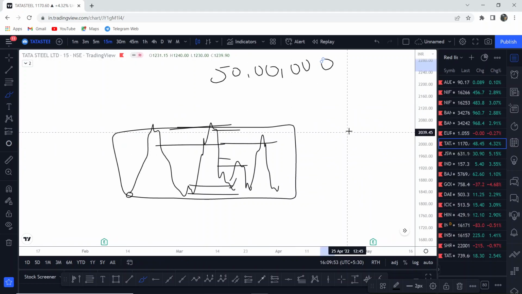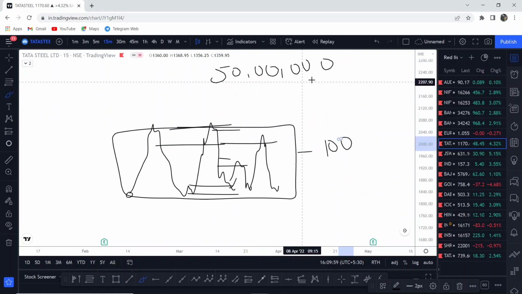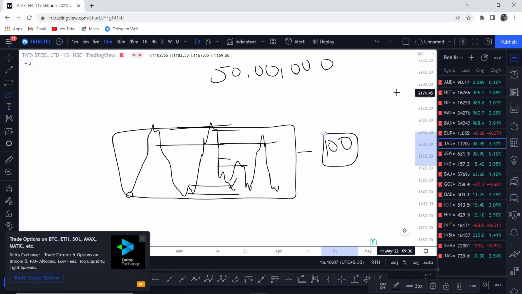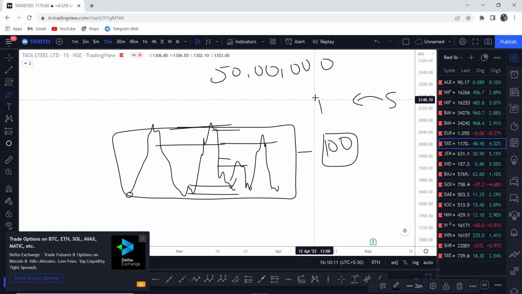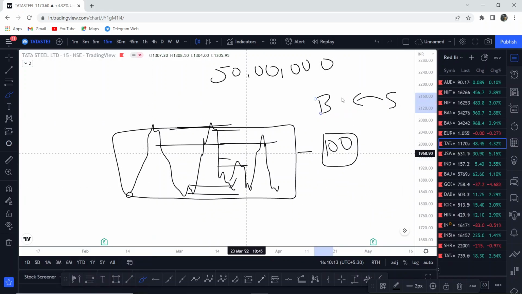Let's say the price here is 100 rupees. Do you think there will be sellers ready to sell 50 lakh quantities to these buyers at the level of 100 rupees? No, it is very unlikely that you will see 50 lakh quantities getting executed at once.